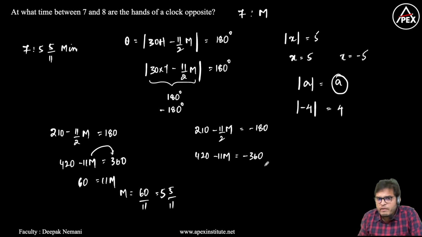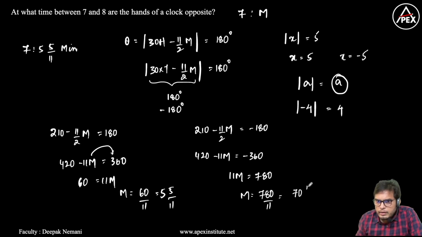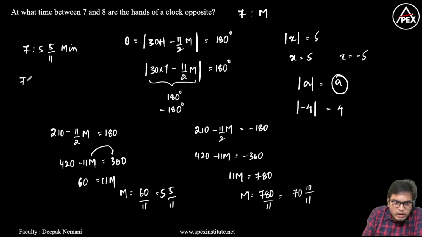Now if I shift 11 m to the right hand side, you will have 11 m is equal to 420 plus 360, which would be 780. Now in that case, m will be 780 by 11, which will be equal to 70 10 by 11. So the value of m can also be 70 10 by 11 minutes. The time becomes 7 hours, 70 10 by 11 minutes.